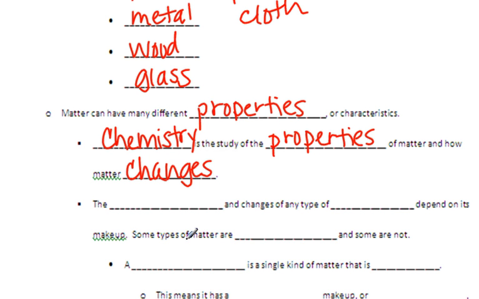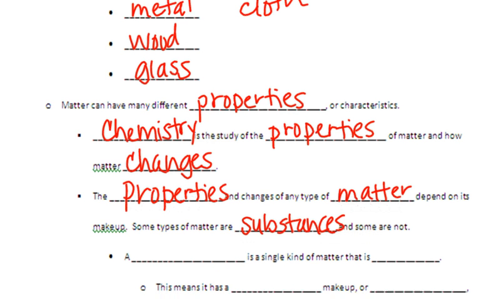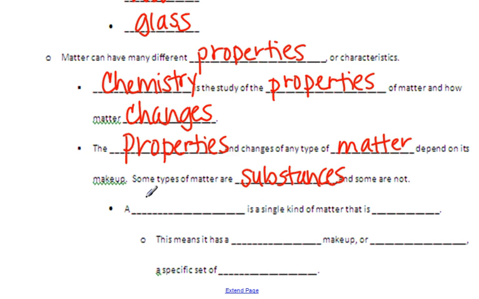The properties and changes of any type of matter depend on its makeup. Some types of matter are substances, and some are not. Now, what is a substance? Okay, a substance is a single kind of matter that is pure.